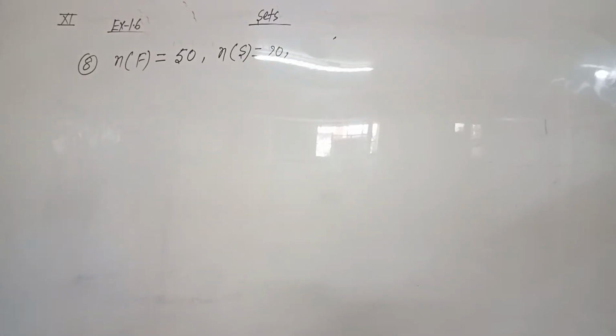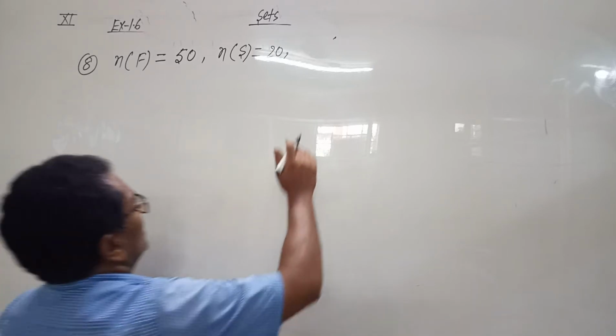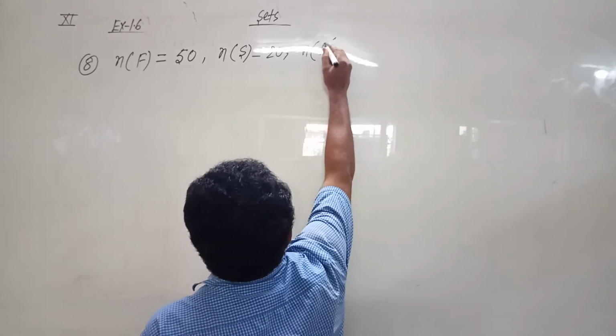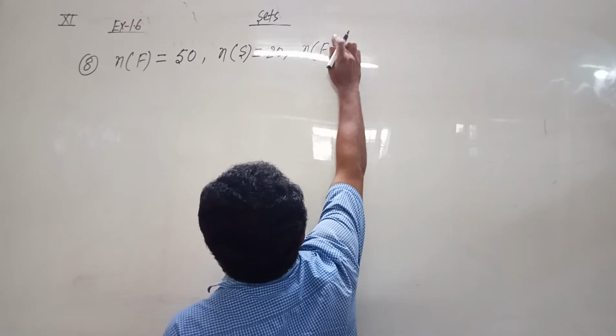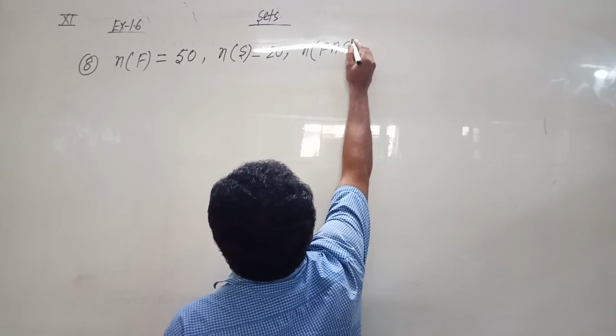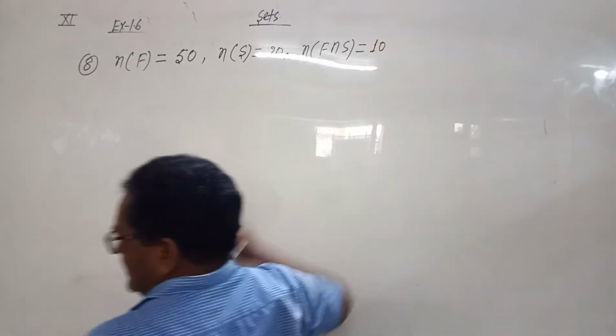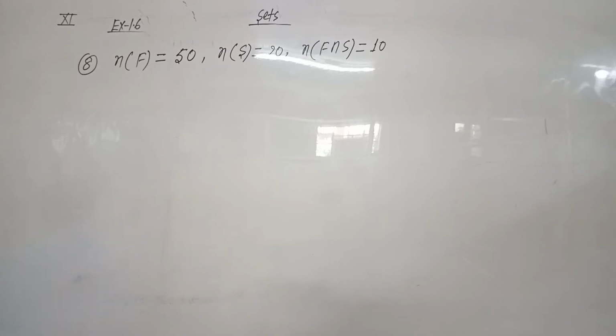And 10 speak both Spanish and French. N of F intersection S, the number of people who speak both Spanish and French, is given as 10.